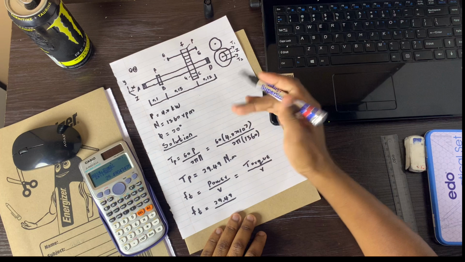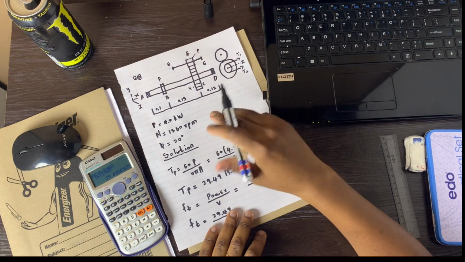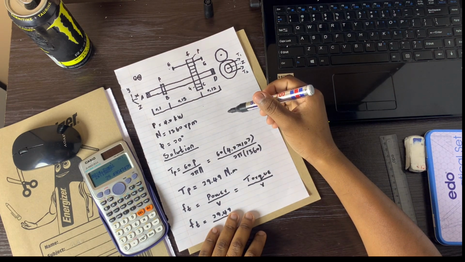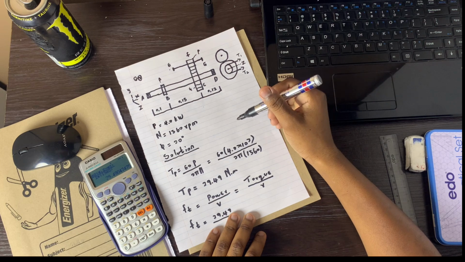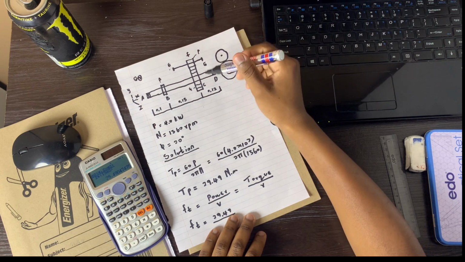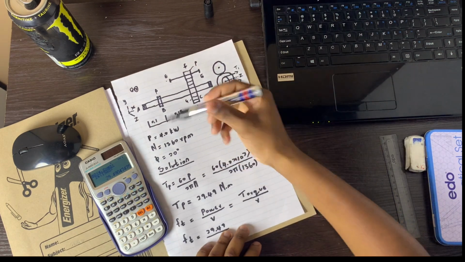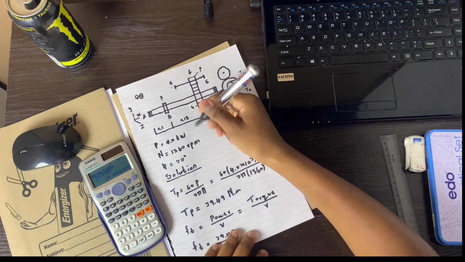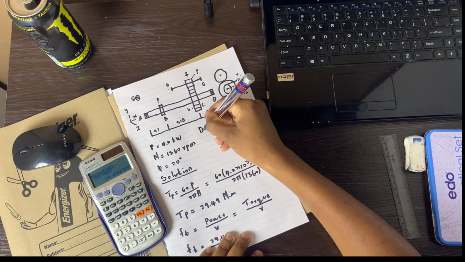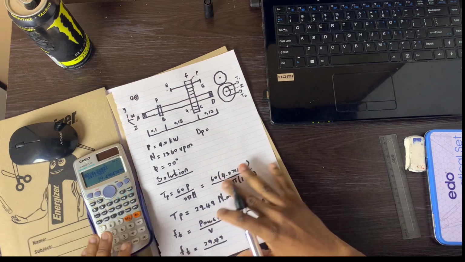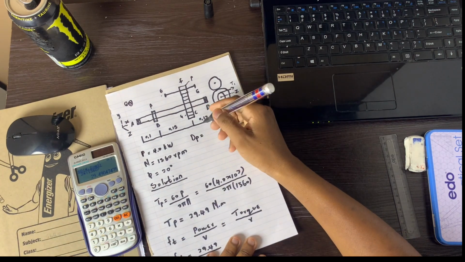In the first question, where we had to design the gear, we're supposed to calculate the diameter of the pinion and the diameter of the gear. The diameter of the pinion is equal to the module multiplied by the number of teeth.